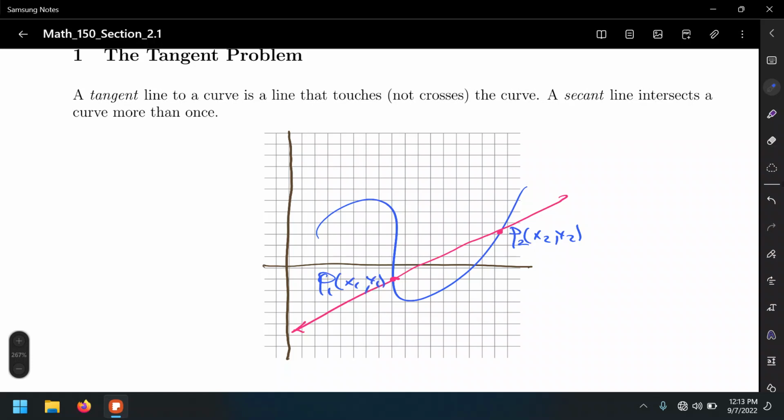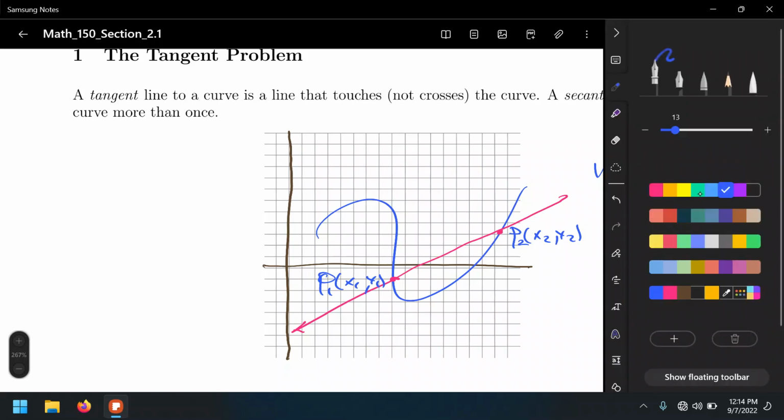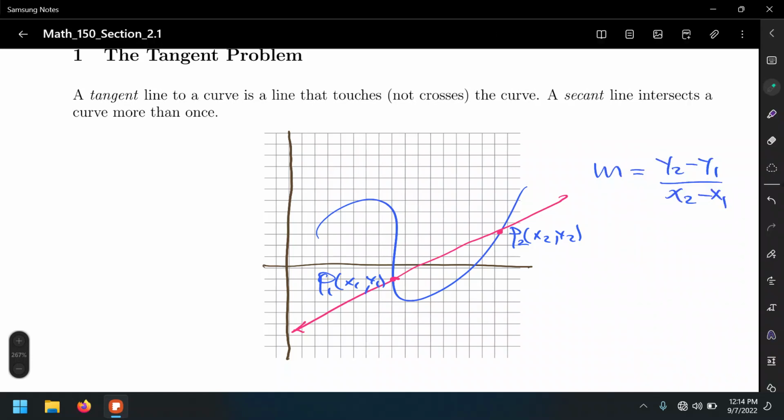So we have tools to find the slope defined by these 2 points. We already talked about it, didn't we? Isn't that the slope m equals y2 minus y1 over x2 minus x1? However, the case that will give rise to the whole calculus here is the problem of the tangent line. How do we find the slope of a tangent line in this case?